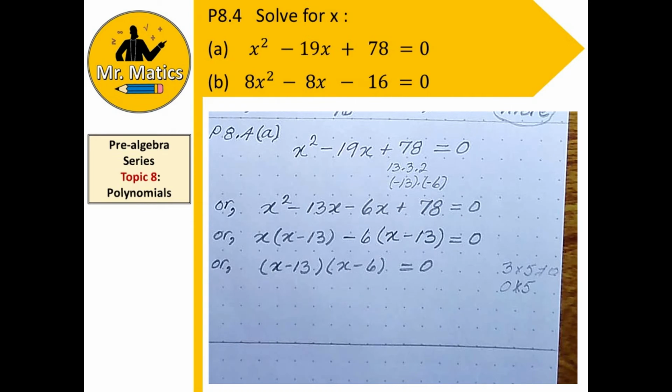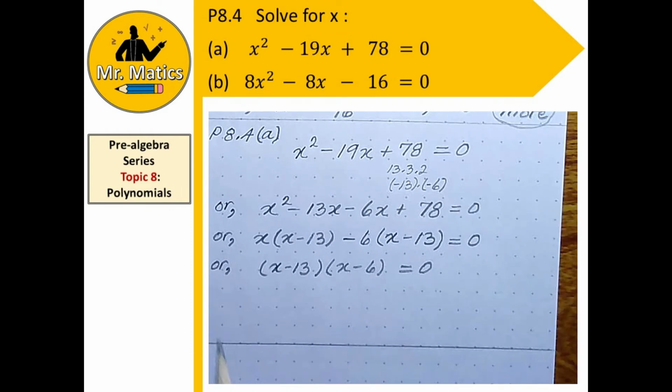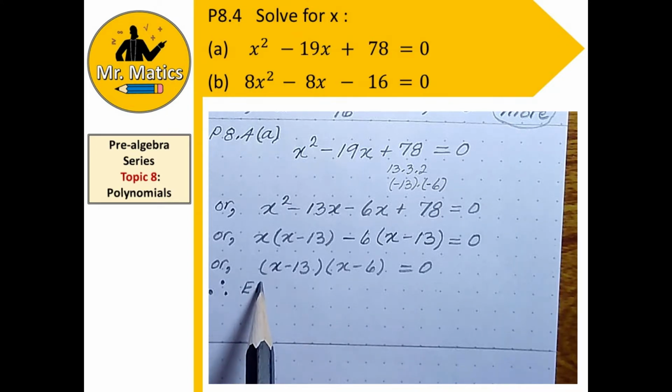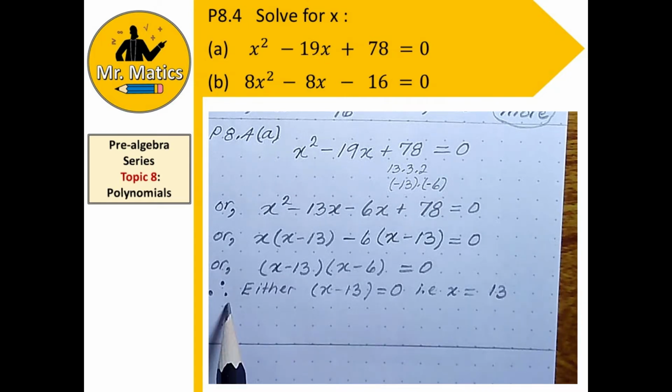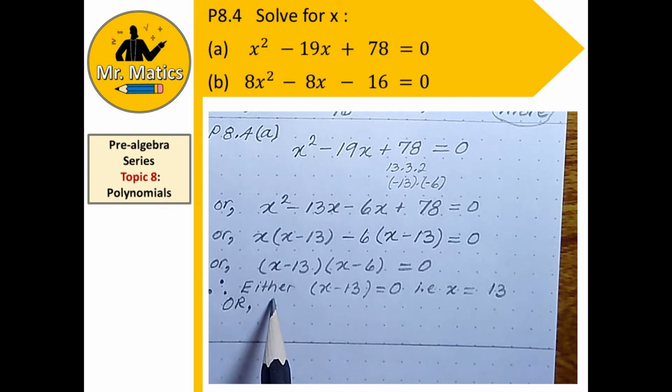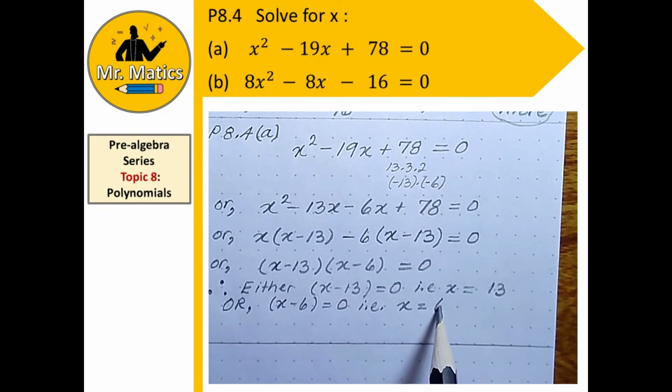So we can say, therefore, either x minus 13 equals 0, so x equals 13, or x minus 6 equals 0, that is x equals 6.